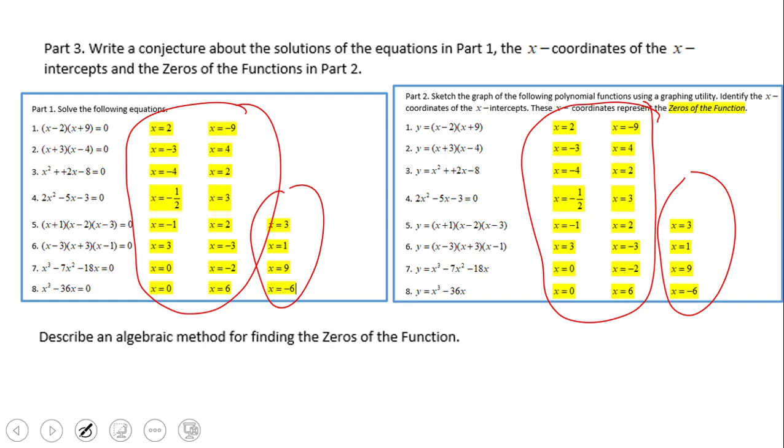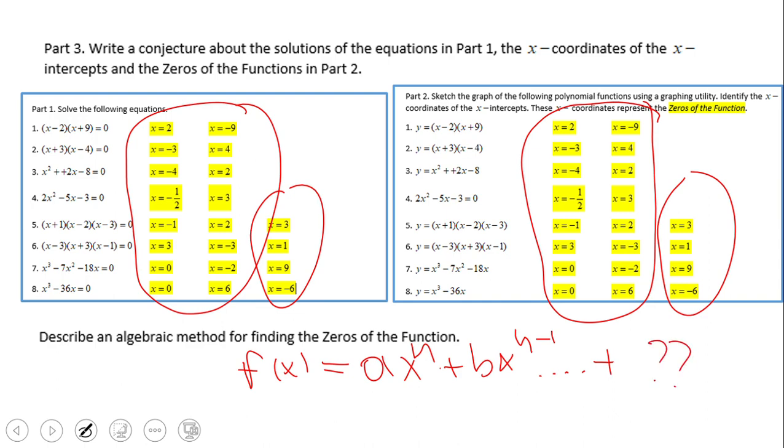If you have a function f of x or y equals something, okay, so let's say this is a polynomial function. That's not really how we write it, but let's say like that.